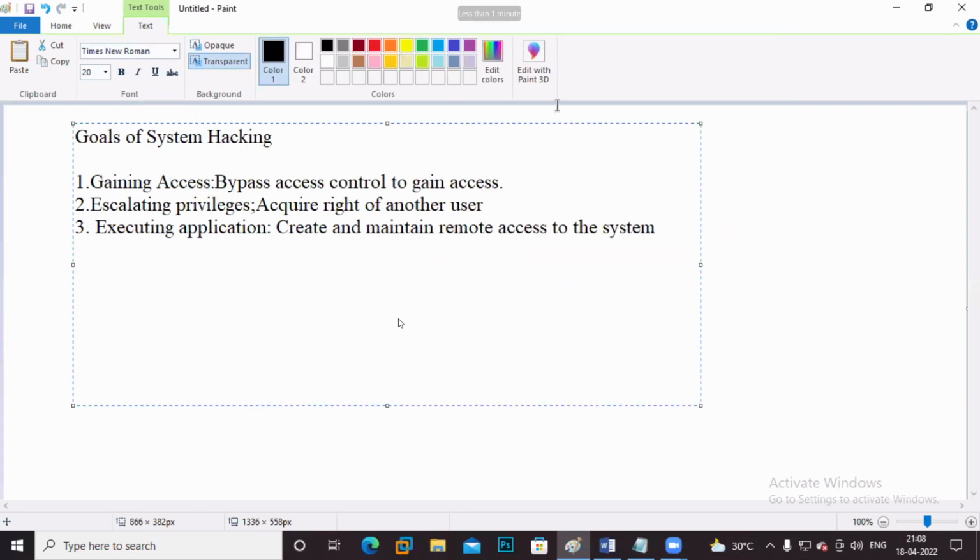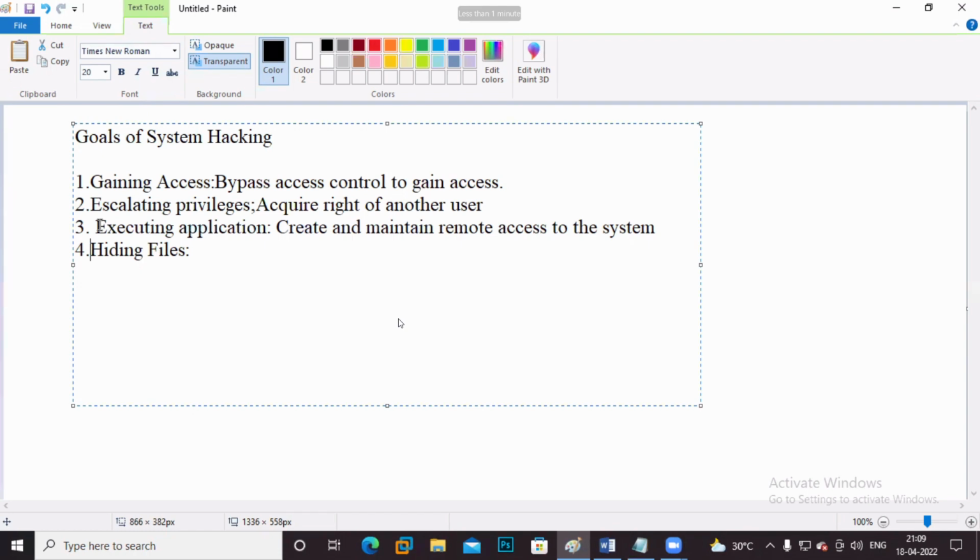Okay, so now the fourth one. Write it down, everyone. The fourth one is hiding files. Can anyone have any idea about this one? Any confidential data?